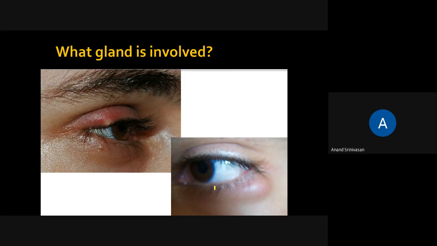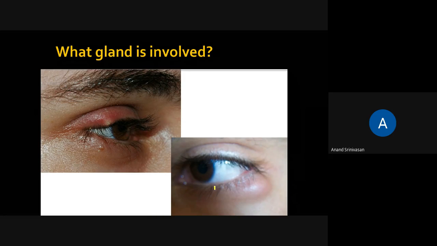It is very sensitive, and sometimes it might get infected and can lead on to a pustule. Sometimes because of stress or keeping awake for a long time, sleeplessness, can also cause a tiring eye.